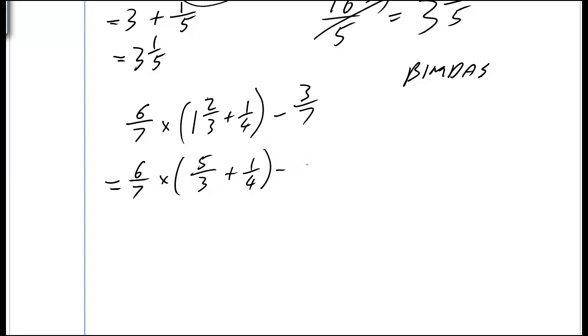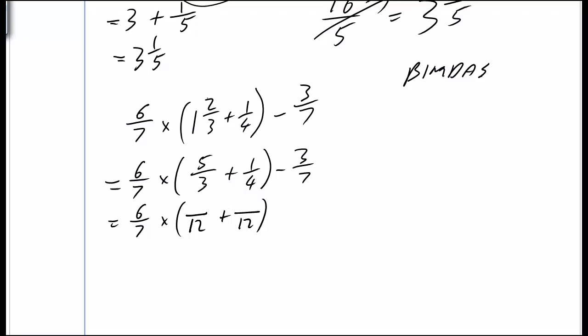Okay? So let's work out what that is. We've first of all got to get a lowest common denominator. Lowest common denominator between 3 and 4 is 12. Actually, let's write this a different way. So 12 plus, here we go, there's the lowest common denominator done.